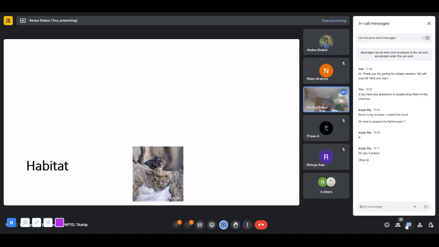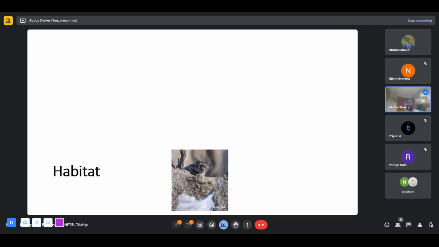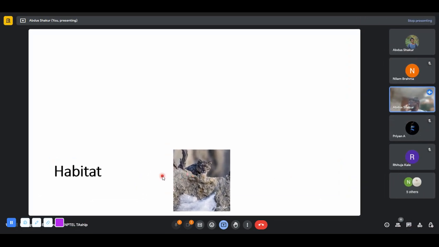If you have any answer, you can unmute yourself and respond, or you can type it in the chat box also. What do you guys think is a habitat? Okay, in case you're not able to answer, just try to understand what it is.